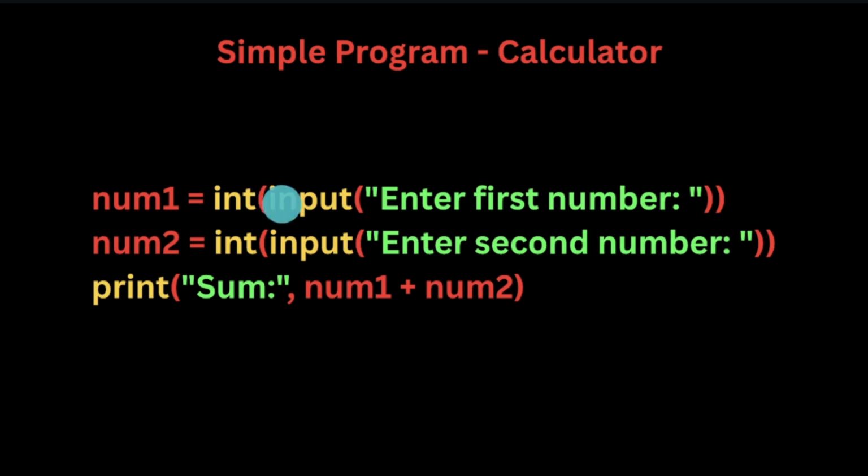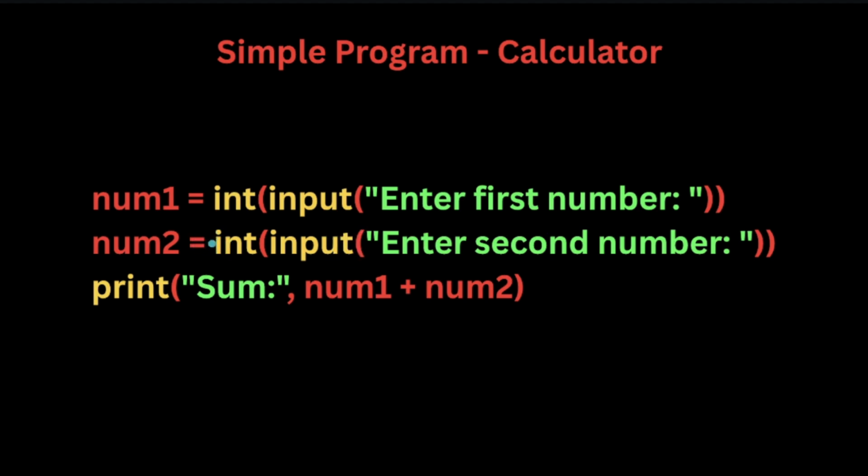Input takes input from the human and assigns it to num1. That way we can reuse it. So this prints the string. The first thing you'll see, enter first number. You will see the string printed. You'll enter your number and that number will be assigned to num1. The same thing happens with num2. Enter second number, assigned to num2.